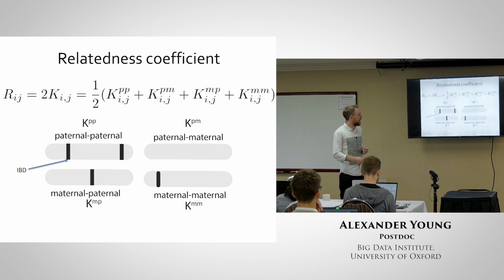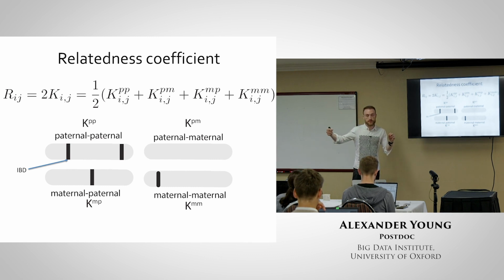And this relatedness coefficient is twice the kinship coefficient. And the kinship coefficient is basically saying, if I randomly select an allele from one individual and I randomly select an allele from another individual, what's the probability that they fall in an IBD segment? So to do that, you have to average over the 4 possible haplotype pairs, one from one individual, one from another individual.